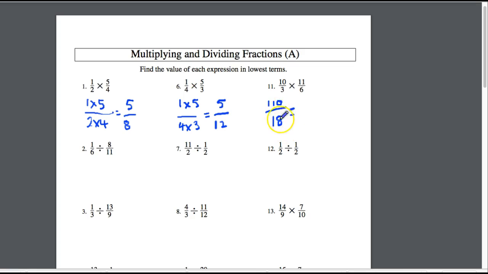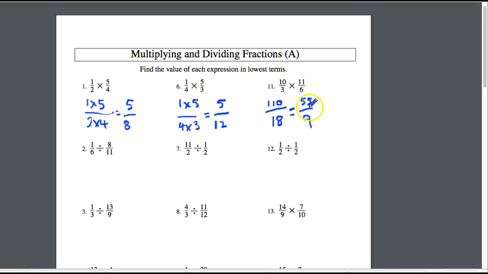Now when we've got such high numbers like this, the easiest way to do it, instead of sitting there thinking, what's the highest common factor, we can just say, right, well, I know these are both even numbers, so we can simplify that to 55. Okay, so if I just halve 110 is 55, and halve 18, and I get 9.